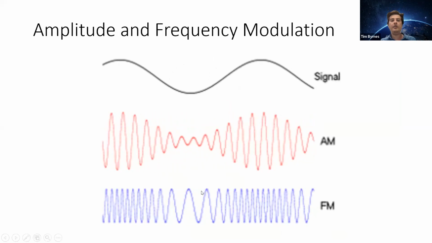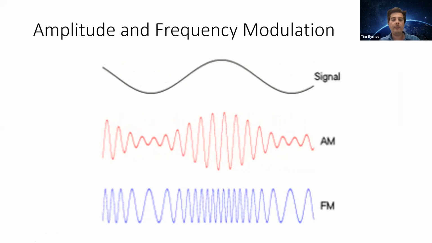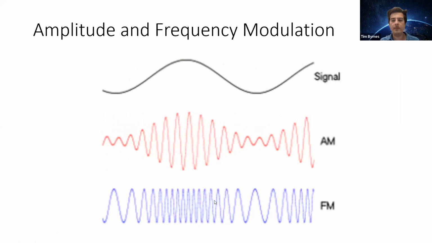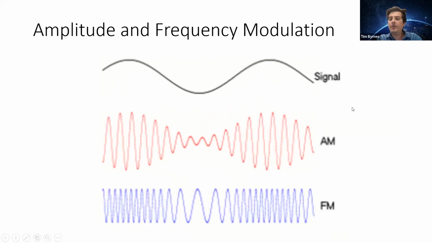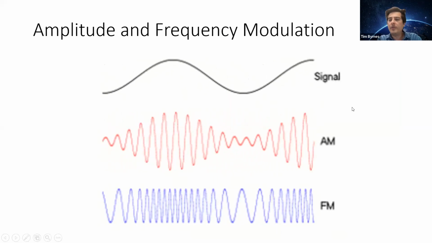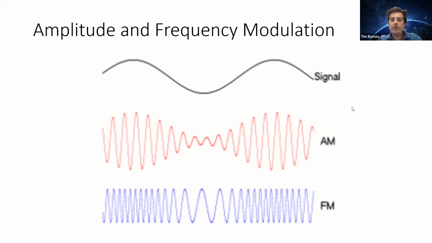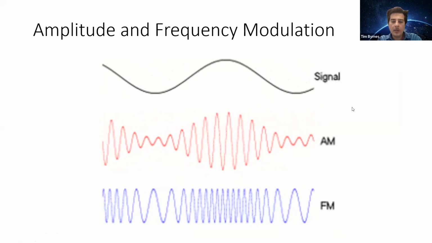So how do you actually encode the information? I'm sure you've heard of AM and FM radio. I mean, these days people don't even use that, they use digital radio. But with old-fashioned radios, you have the AM frequencies and then the FM frequencies.